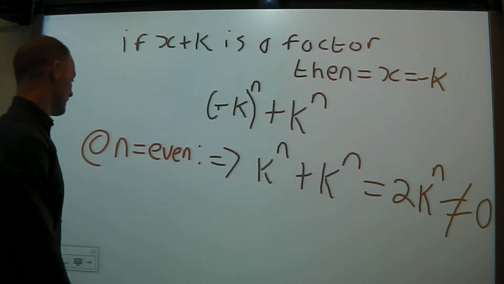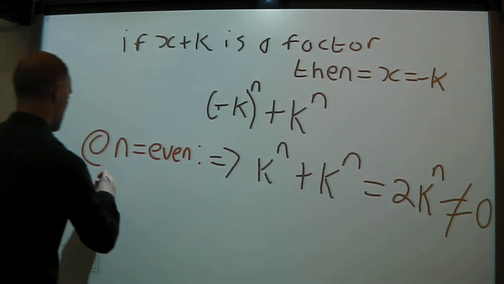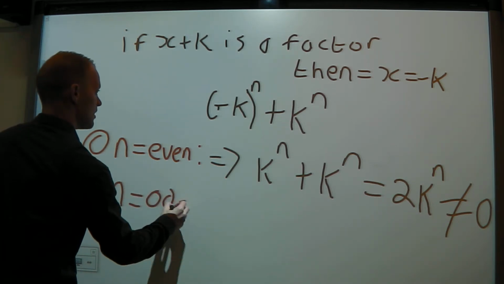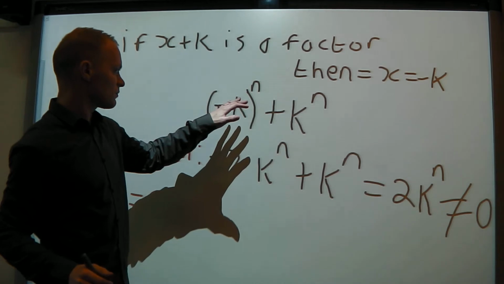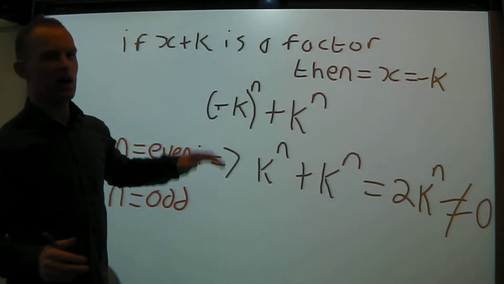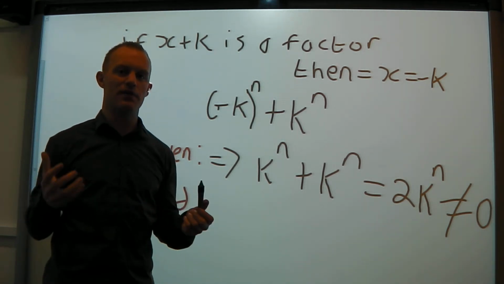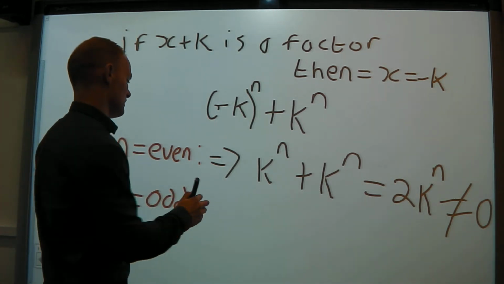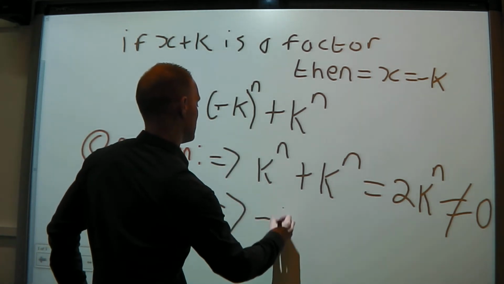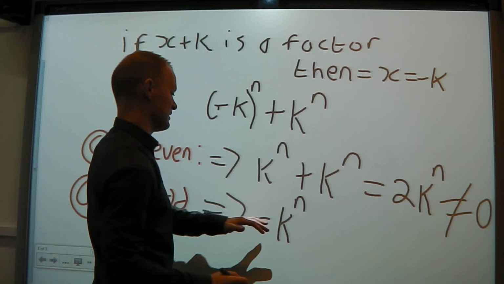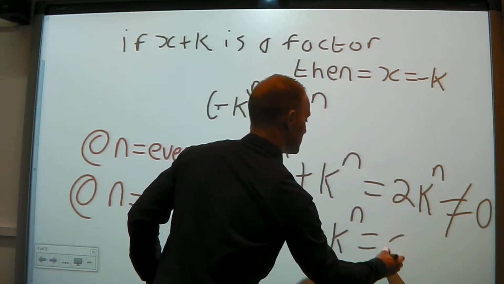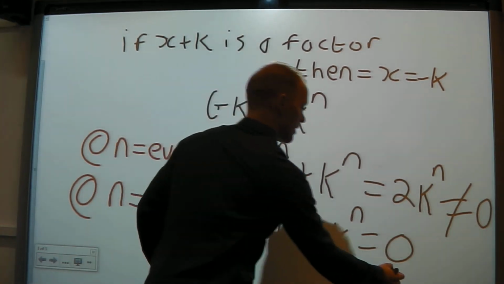So we're going to try it now for n is odd. Now when n is odd, we're going to have an odd term here. We're going to keep the minus because, say, negative 1 to the power of 3 is going to equal negative 1. So when n is odd, that means negative k to the power of n, because basically it's always going to be a negative, plus k to the power of n is equal to 0.